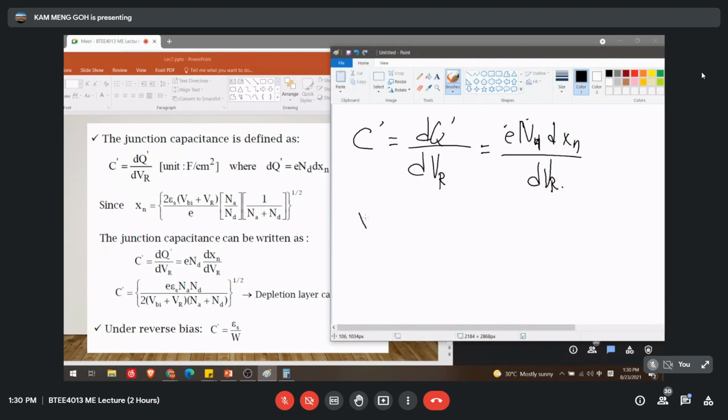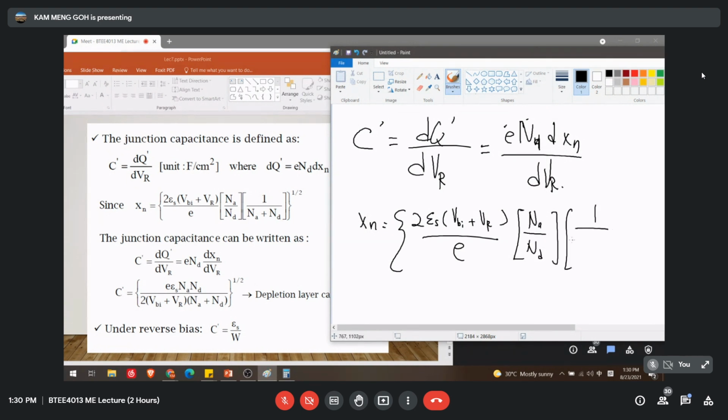Earlier, we know Sn will be equal to the square root of 2 permittivity (VBI plus VR) over q, times NA ND over (NA plus ND).